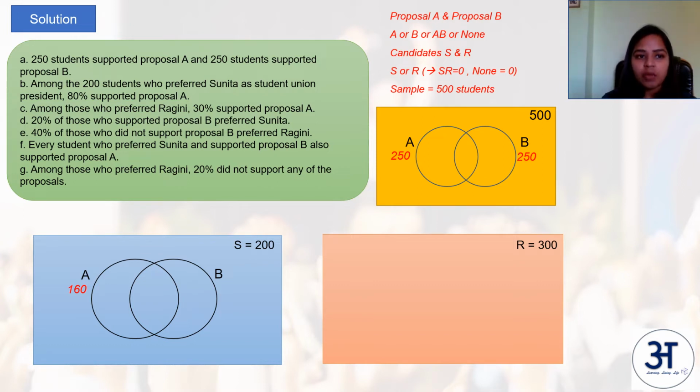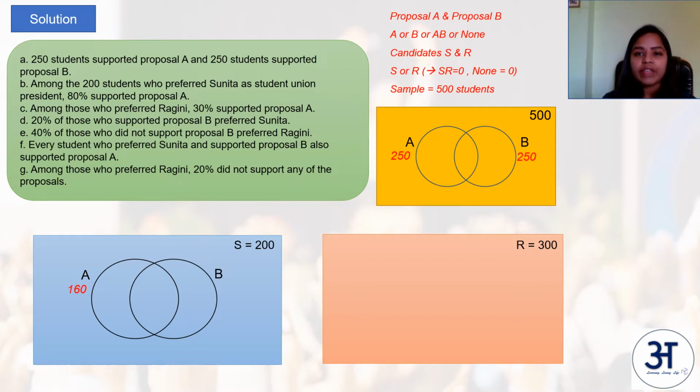Among 200 students who preferred Sunita, the number of students who preferred Ragini should be 300. Among the 200, 80% supported proposal A, that is 160 of them.